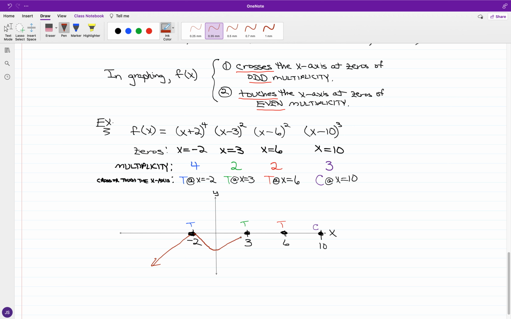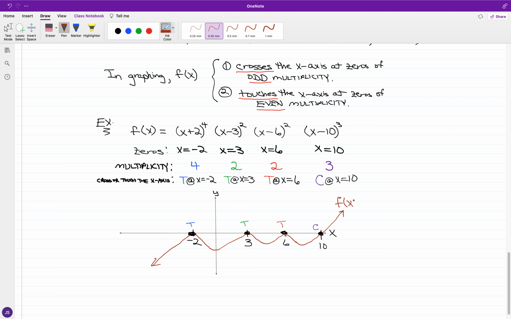And once we get x equal to 3, we have a bit of history to repeat. So it's going to touch against, and again just bounce off. And once we get to 6, it bounces off once again, but once we get to x equal to 10, the graph of the function is going to cross, going from below to above the x-axis.